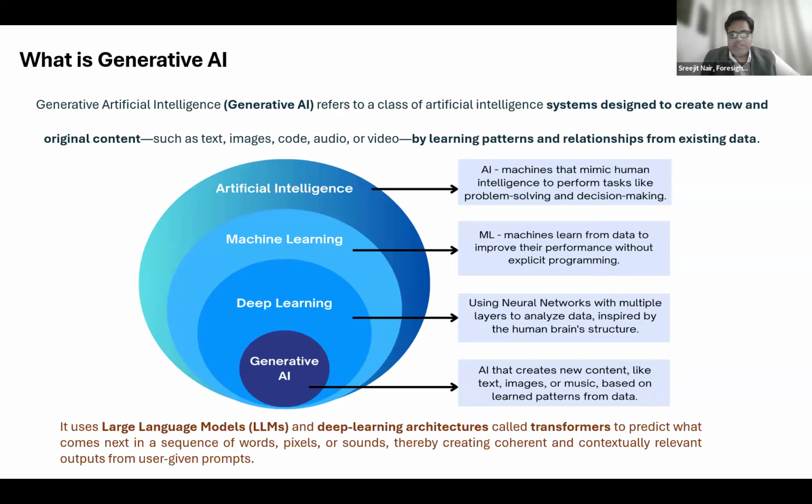So as of now, we can say when we refer to generative AI, it is a platform, a large language model being the core that is common. Whether you are using ChatGPT, whether you are using Claude, Perplexity.